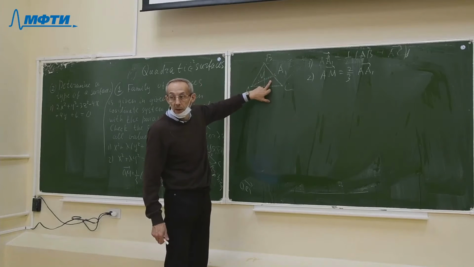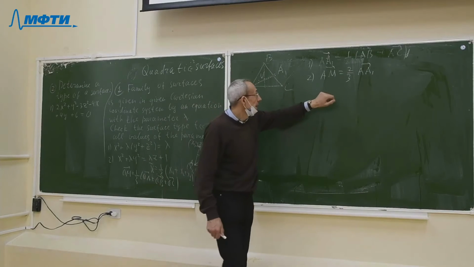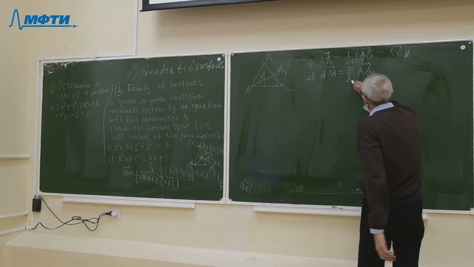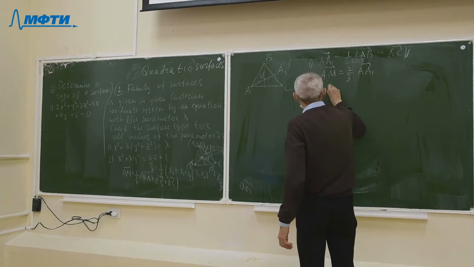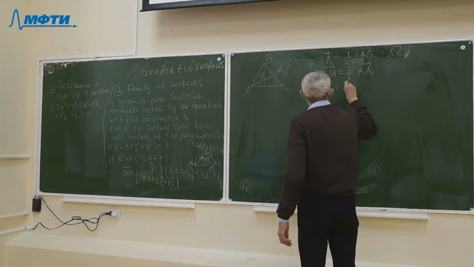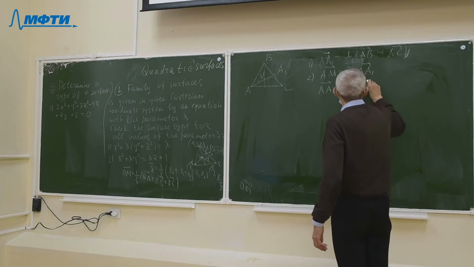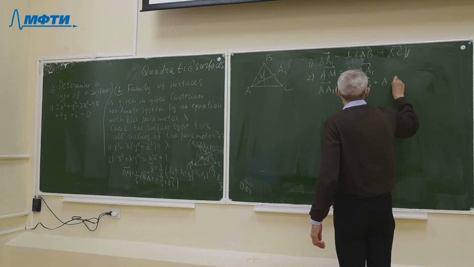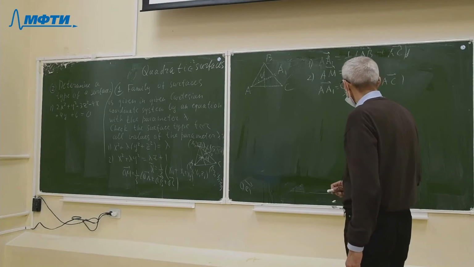Do you understand? Yes. Okay. If we substitute this formula into the other formula, we obtain that AM is equal to 1/3 of AB plus AC.